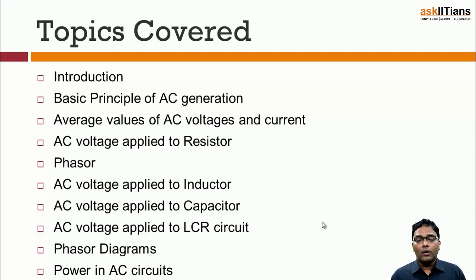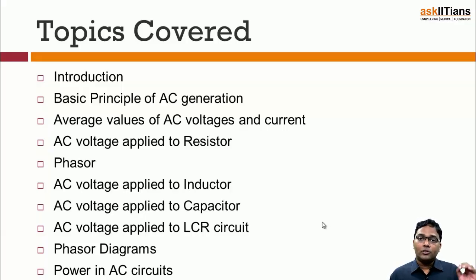Then we are also going to understand the relation between voltage and current for the case of an alternating current. That will be followed up with the application of alternating current to a series LCR circuit. I'll also give you a brief insight into what happens if we connect them in parallel.